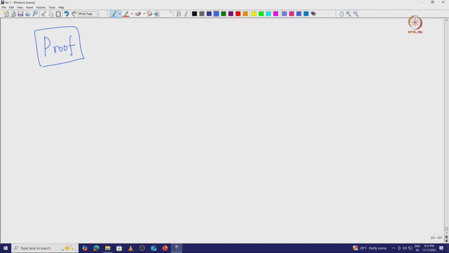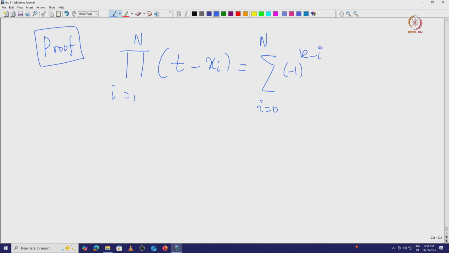Let me just work with a very general polynomial with roots x_i, i ranging from 1 to n, and you can rewrite it as the sum over i from 0 to n of (-1)^(k-i) e_(k-i)(x_1, ..., x_n) t^i.